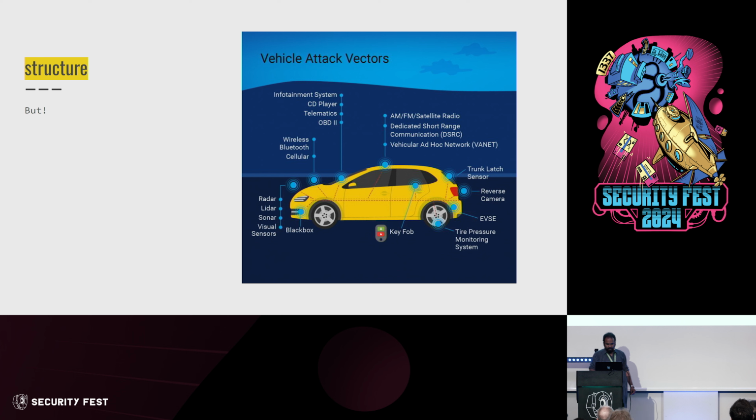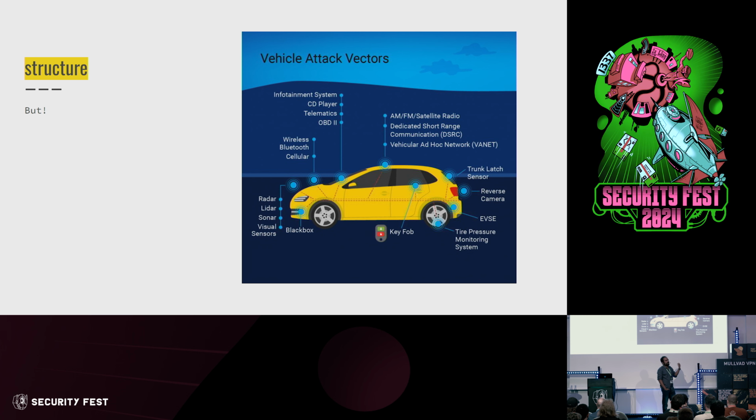So here are the vehicle attack vectors. If you looked at a car back in 2010, you wouldn't be able to figure out this many components. Of course, that's because the vehicle attack vectors are evolving with time.